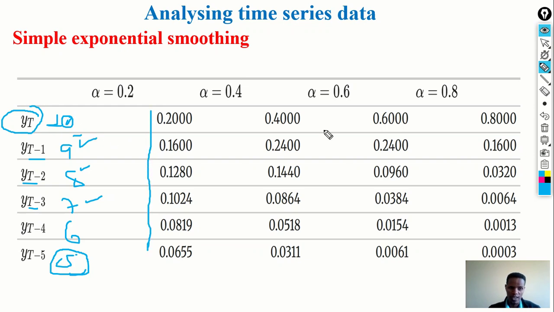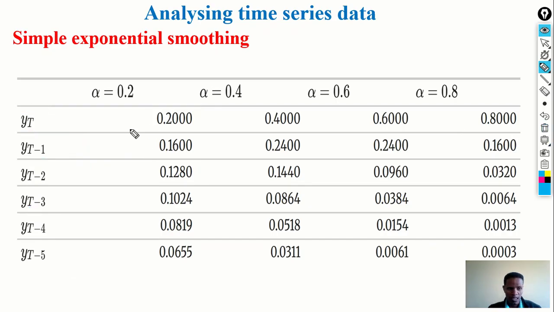Look over here, for example, for y at time t. If alpha, the smoothing constant, is 0.2, then for the current observation the weight will be 0.2.